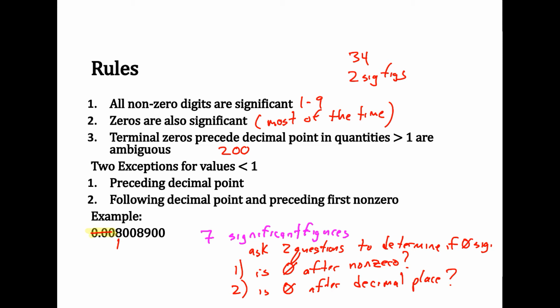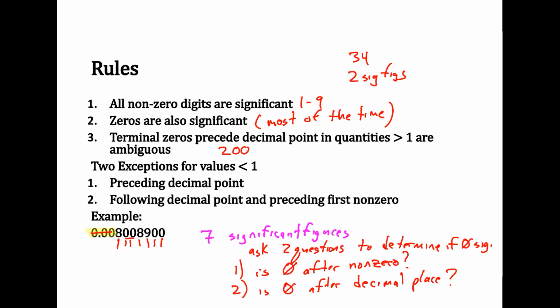The next two zeros, are they after a non-zero? Well, yes, they are. Are they after a decimal place? Yes, they are. So in that case, they are significant. The 8 significant, the 9 significant, and then these last two zeros. Is it after a non-zero? Yes. Is it after the decimal place? Yes, it is. So these are significant. So those are the types of questions that you should use as you're going through and determining sig figs.